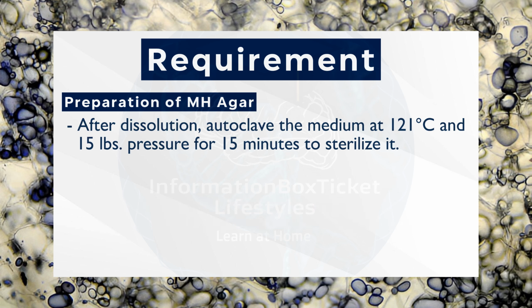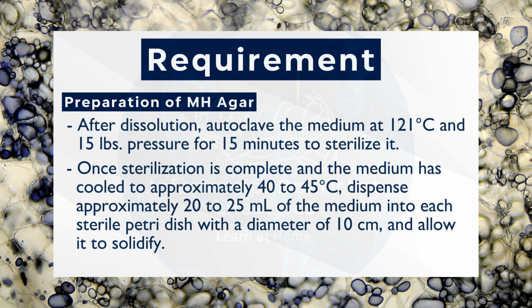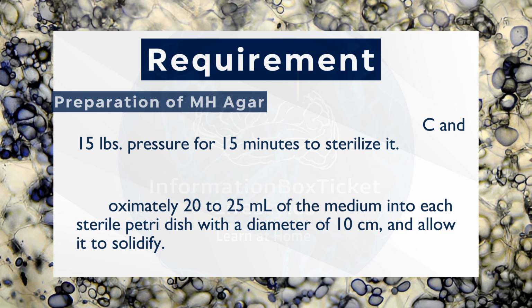After dissolution, autoclave the medium at 121 degrees Celsius and 15 pounds pressure for 15 minutes to sterilize it. Once sterilization is complete and the medium has cooled to approximately 40 to 45 degrees Celsius, dispense approximately 20 to 25 ml of the medium into each sterile petri dish with a diameter of 10 centimeters and allow it to solidify.